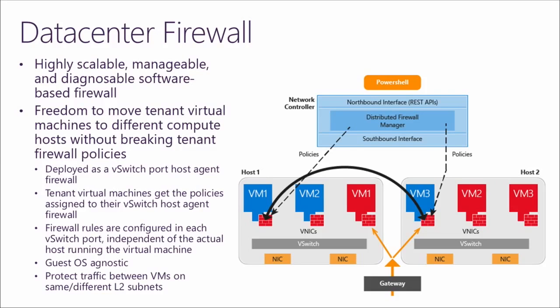And the key one is being able to move those virtual workloads to different compute hosts without breaking tenant firewall policies. As shown on the graphic, the vSwitches that exist within each host, we're able to deploy the firewall to each one of those and configure on a VM by VM or port by port basis, enabling granular control over what can get in, what can get out, the traffic types, and so on.